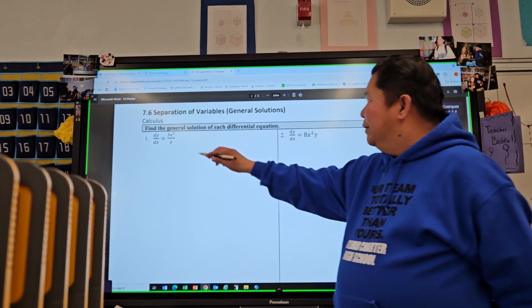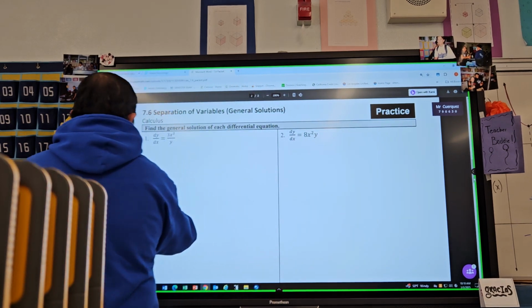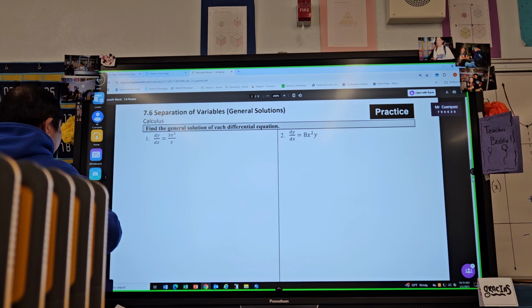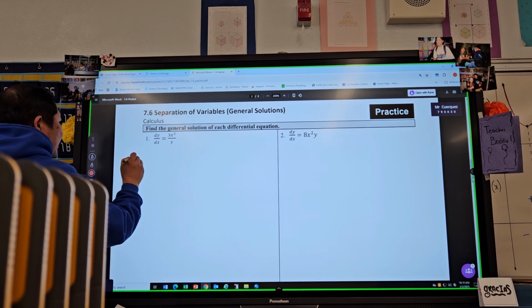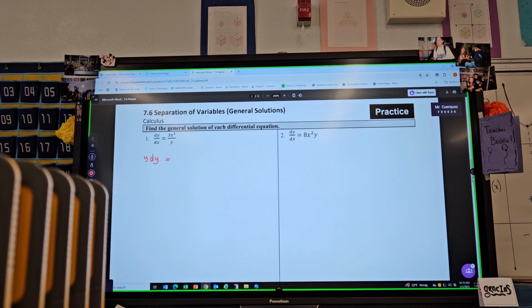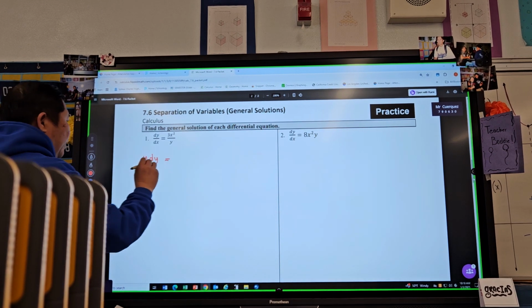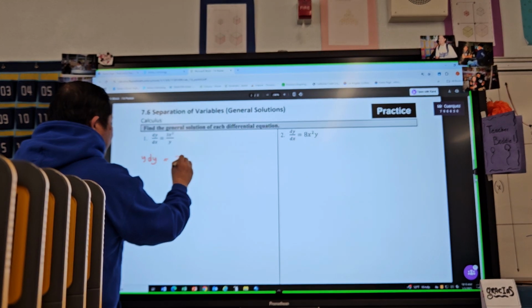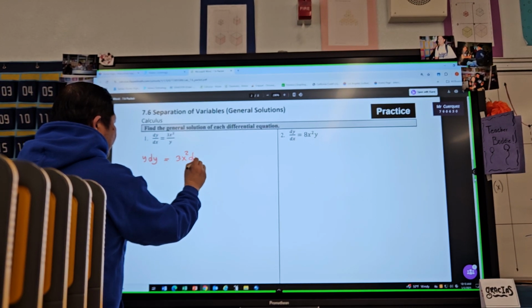So we multiply by y. On the left side is y dy. And how about the right side? 3x squared dx.